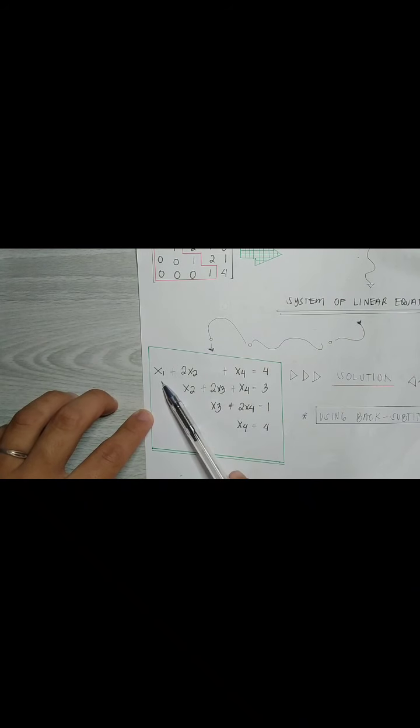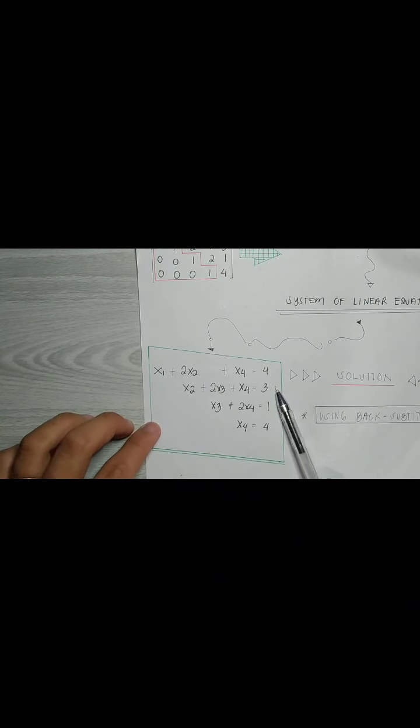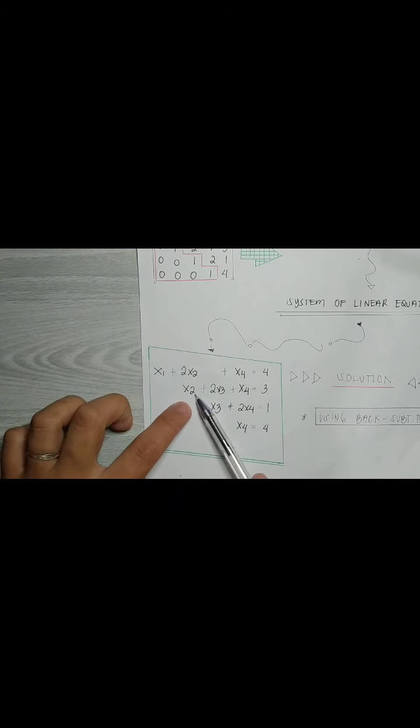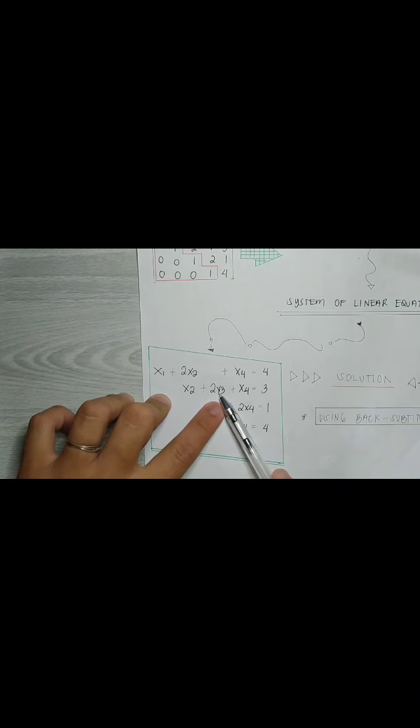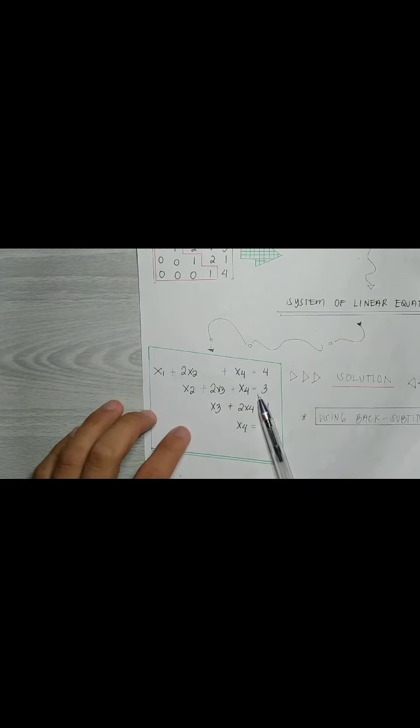We read this: x1 plus 2x2 plus x4 is equal to 4. This is the first row. The second row is x2 plus 2x3 plus x4 is equal to 3.